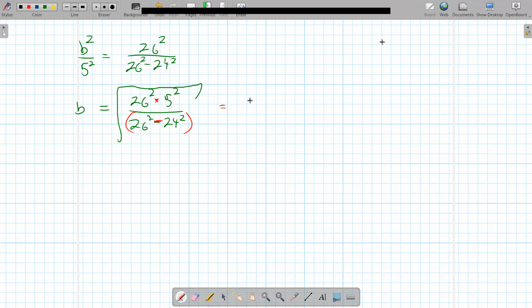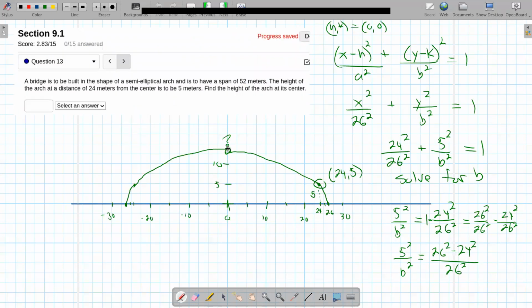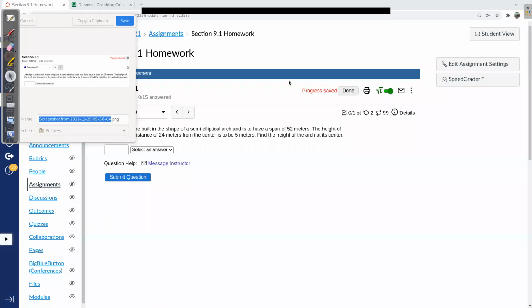So that's going to be 26 times 5 over that square root of the difference, which doesn't clean up. And then we just need a calculator and see if that number seems reasonable in my sketch. And again, I just made a wild guess as to where the top is. Maybe it's around 15, maybe it's a little higher. Let's go take a look, and then we'll see if we got it right.